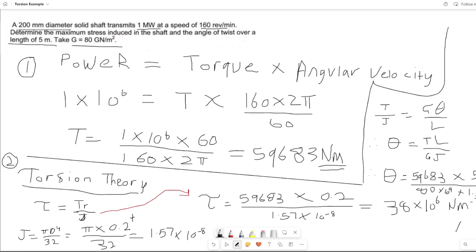That would give us a value for theta of 1.36 radians.